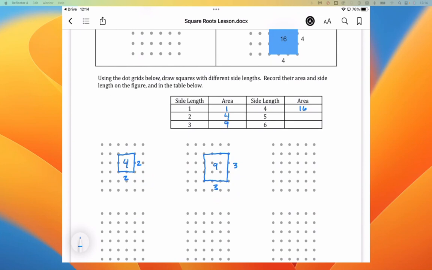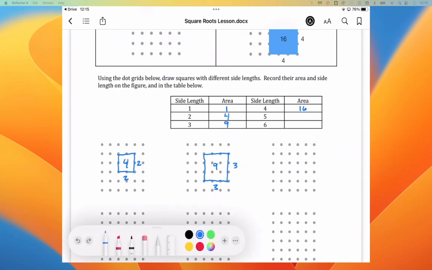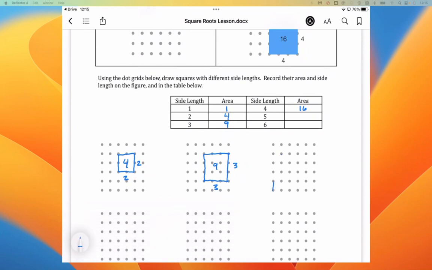5 is our next one since we already have 4, so 1, 2, 3, 4, 5. Oops, not going to work. It's this whole thing. 1, 2, 3, 4, 5.